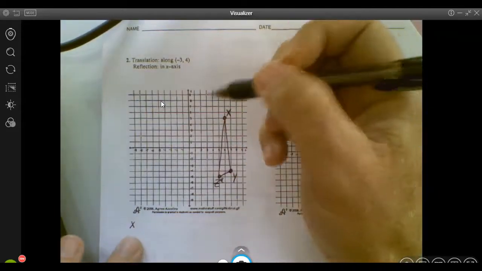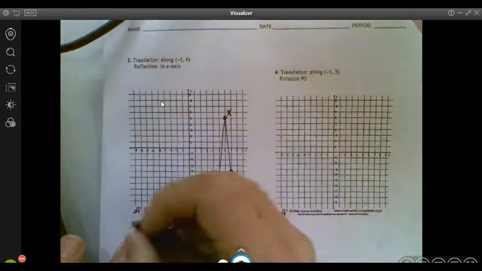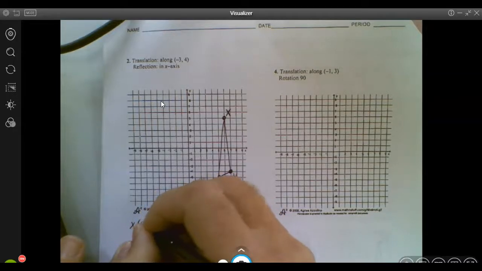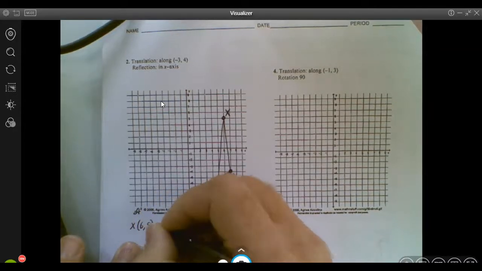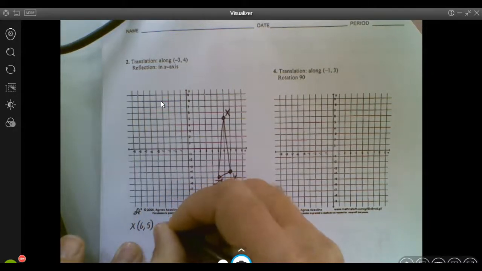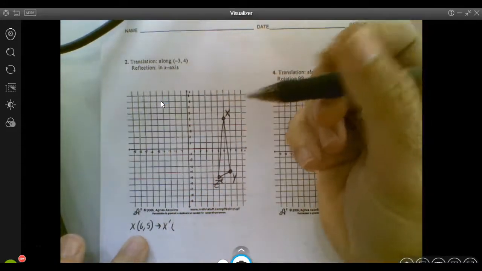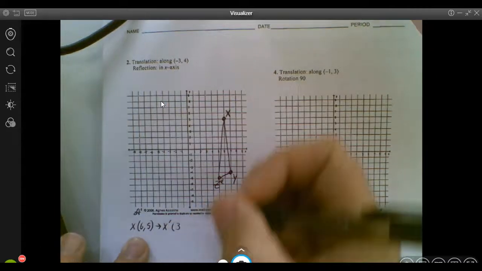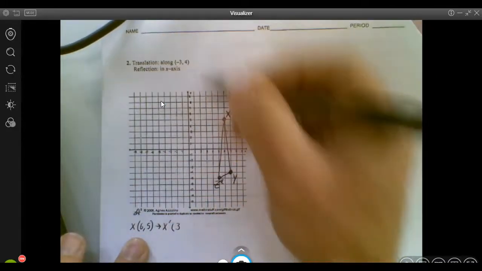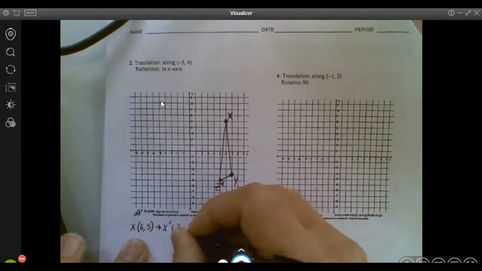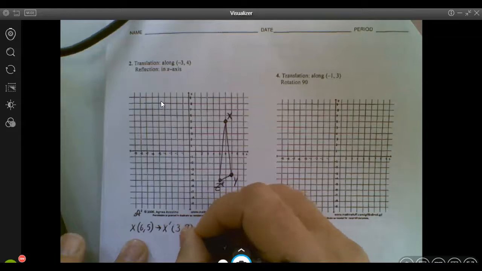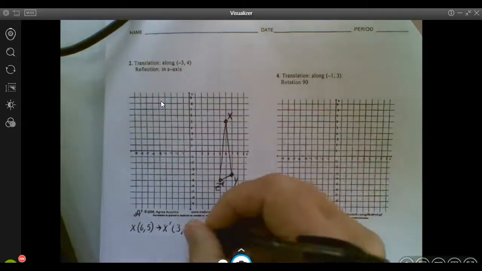I know that my x value started at 6, 5. Without even graphing, I can look at my rules and say, according to that rule, I'm going to subtract 3 from my x, and I'm going to add 4 to my y value. So 5 is going to go up to 9. So my first move, it's going to end up here.